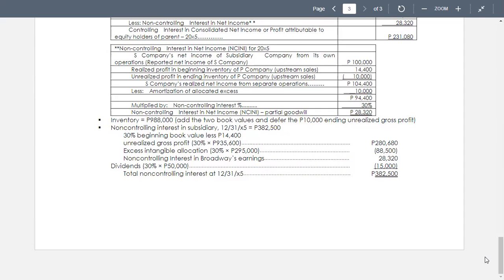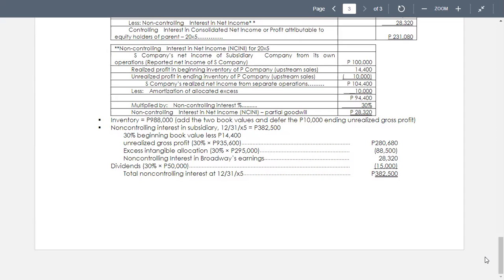So if we divide, the customer list amortization is equal to 65,000 divided by 5 years, so you get 13,000 per year. Okay, 13,000 per year.